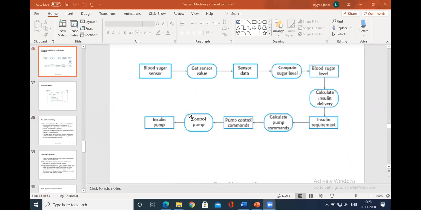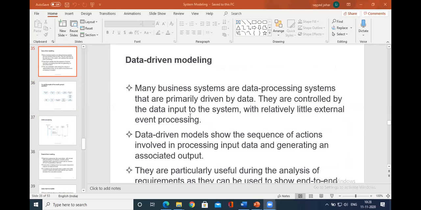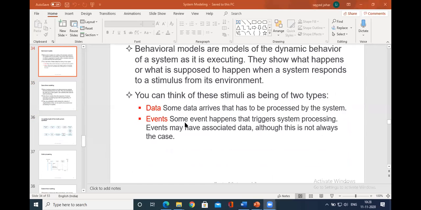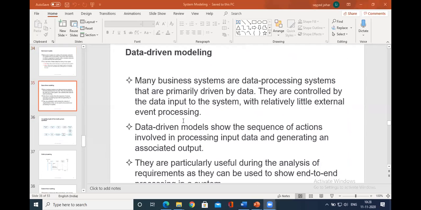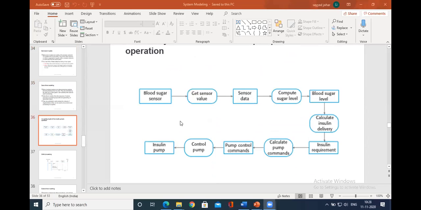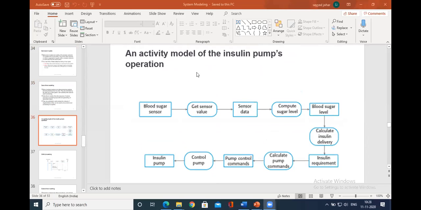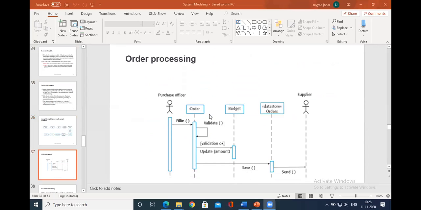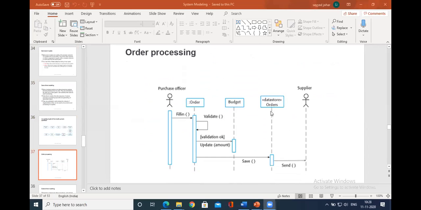So overall, what you could see in the case of data model or event model, there are three concepts. One is the activity model, that is how you represent the activities between the different types of operations. And also we have a diagram to represent the sequence diagram. See, the budget is validated only when we have the instructions from validation, and then it gets updated, right?